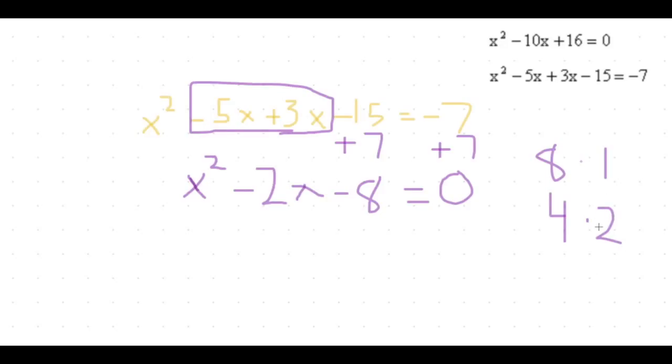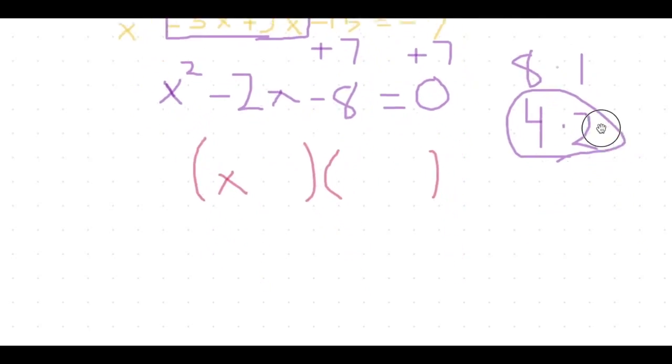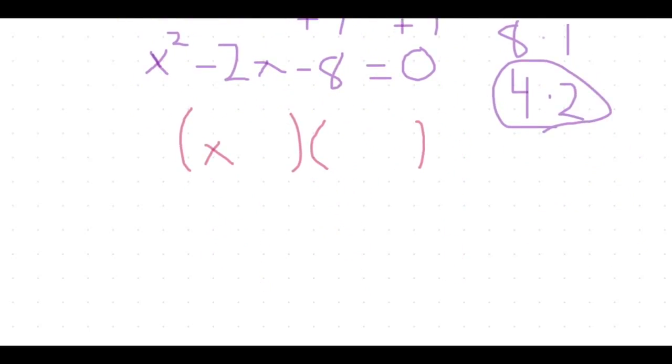The best option in this scenario is going to be 4 and 2, seeing that we can almost judge that we can get a 2 off of this. But let's just be careful with our signs. Let's set up our parentheses, put our x in here. And let's prepare to solve.